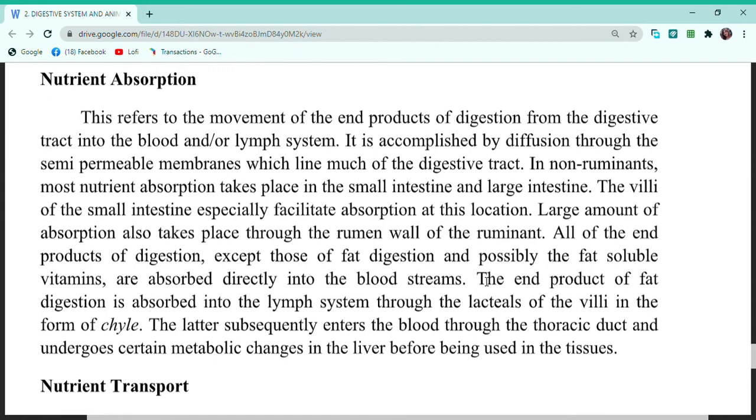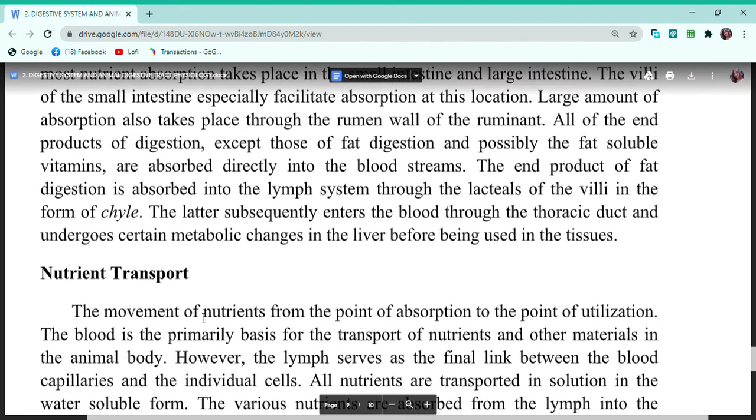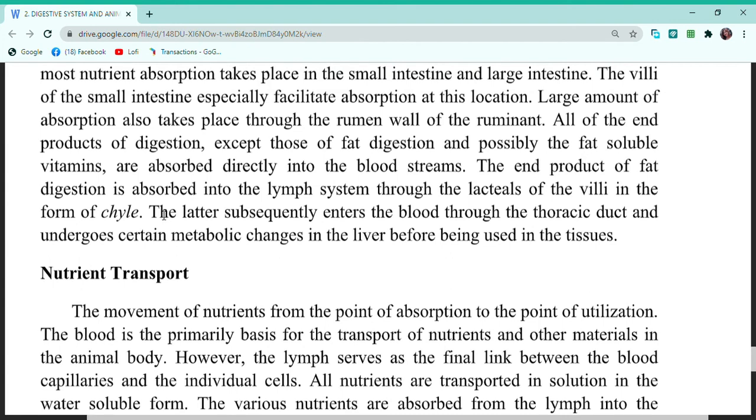And then some nutrients will also pass through the liver para ma-detoxify. Magkaroon ng metabolic changes kasi baka may mga hindi magaganda o hindi karapat-dapat na nutrients. So, i-detoxify ni liver before going into the tissue to be utilized by the tissue.